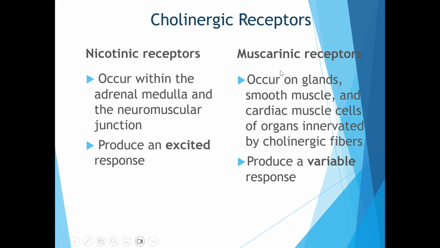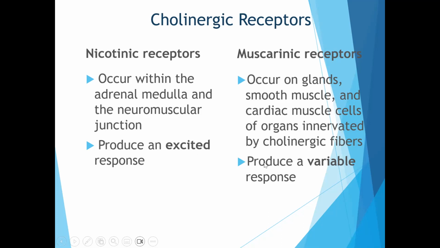In muscarinic, it's not necessarily opposite, but can be variable. These are in glands, smooth muscle like the digestive system, our cardiac muscles, basically any organ that is innervated by a cholinergic fiber. These actually produce a variable response.